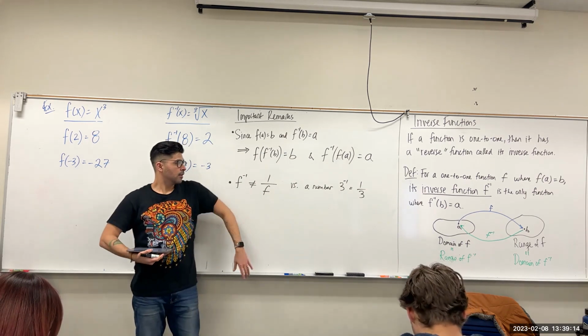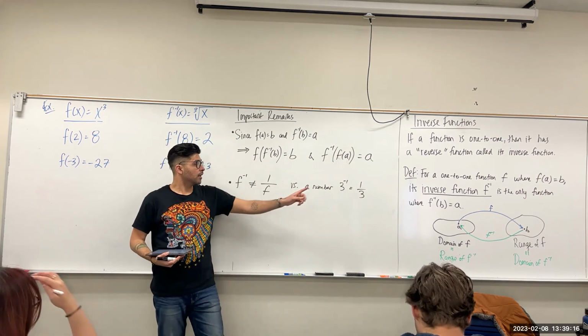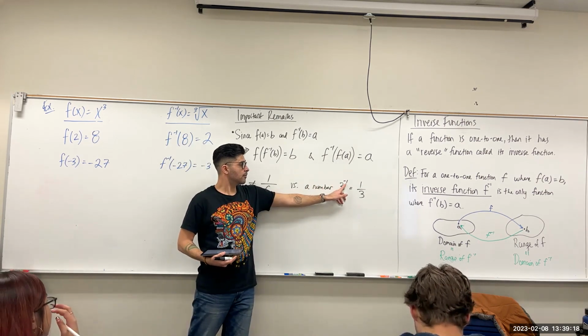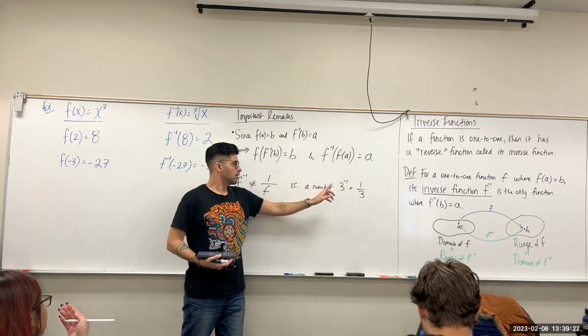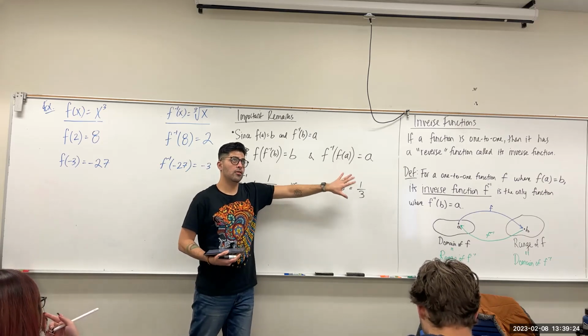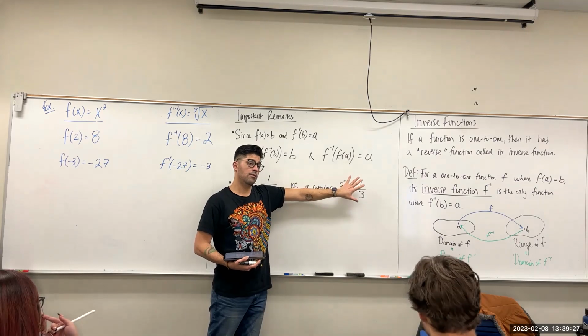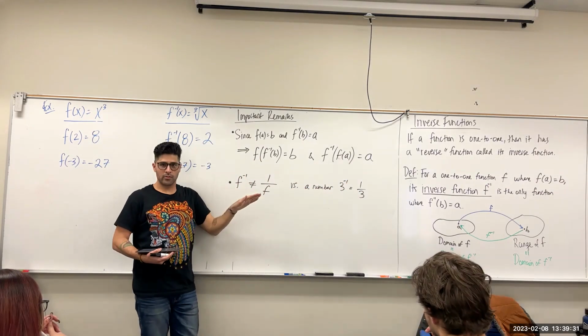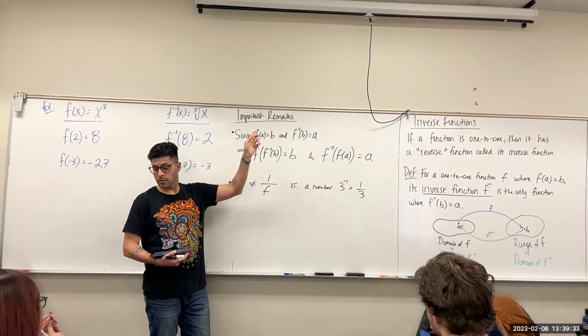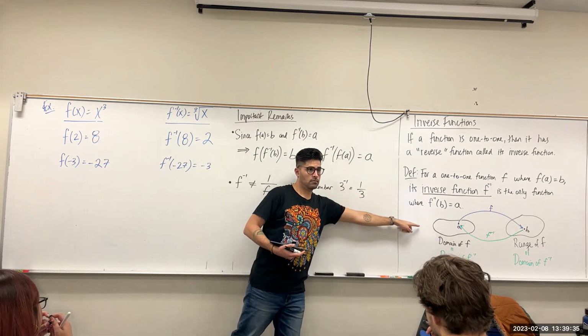So the notation for reciprocal is this -1 for numbers, when you're applying it to a number. But when you use this -1 for a function, it does not mean reciprocal. Careful, it means inverse function.